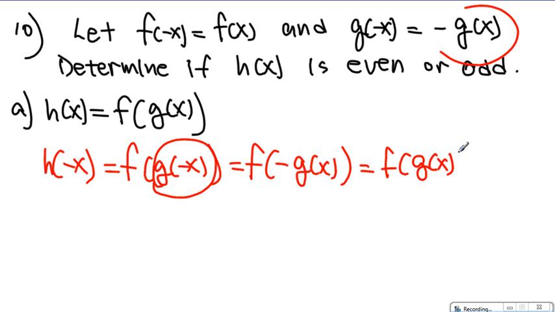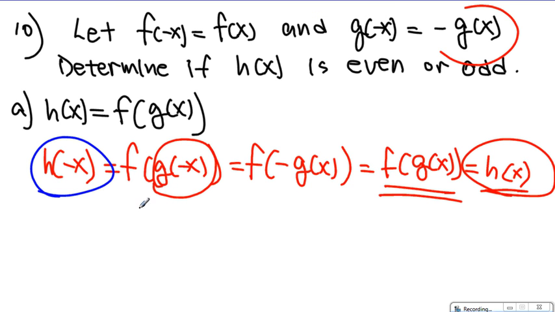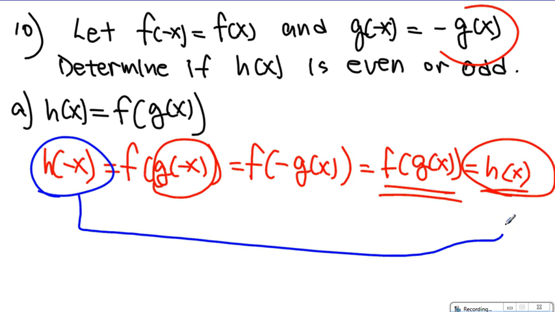In other words, f of g of x. Oh, wait a minute. This looks somewhat familiar. Because f of g of x is in fact equal to h of x, doesn't it? Equal to h of x. Wait a minute. Since h of negative x is ultimately equal to h of x, that means this one must be an even function.